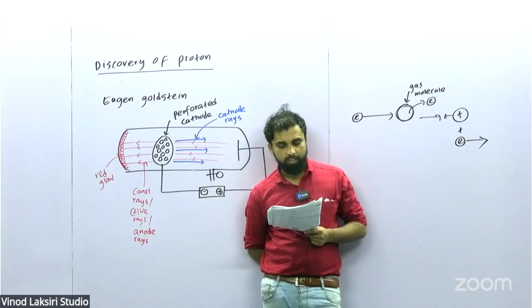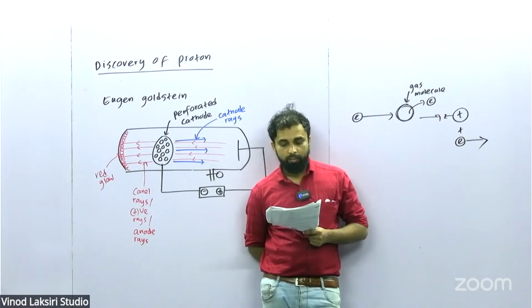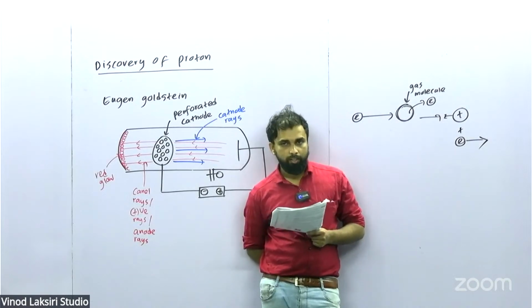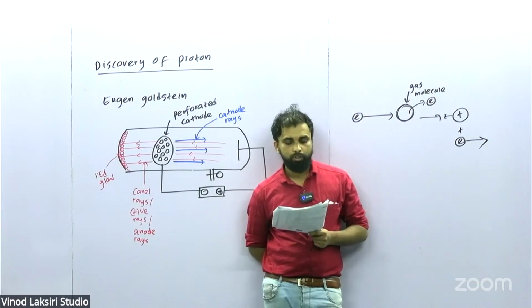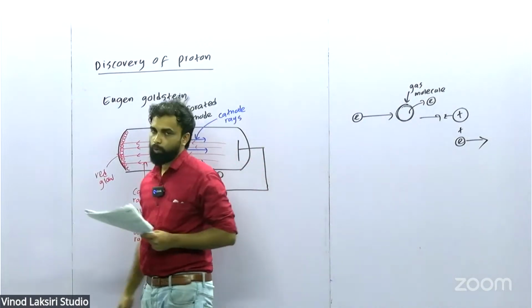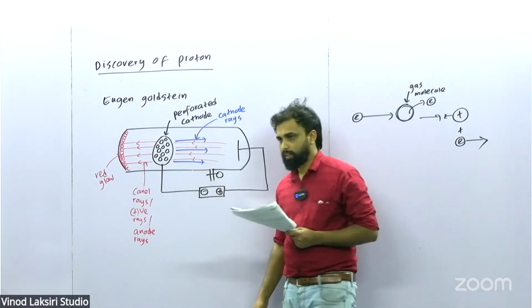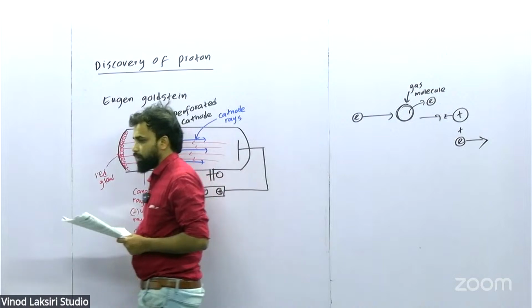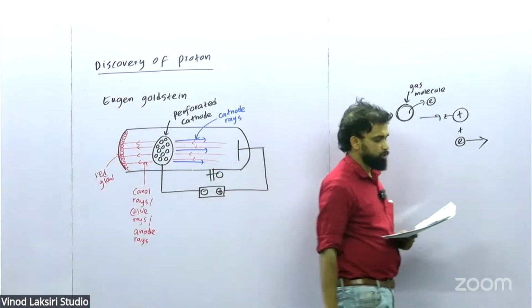The German physicist Eugen Goldstein experimentally proved the existence of positive charge in matter.